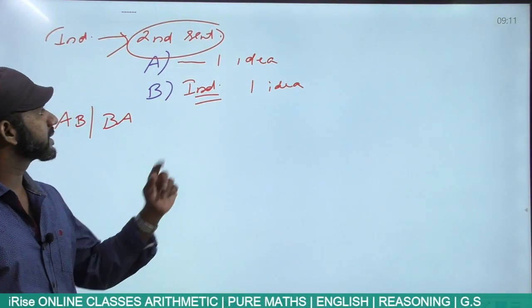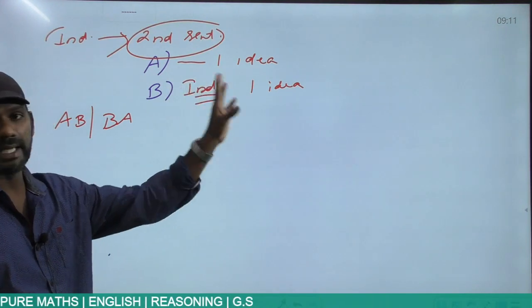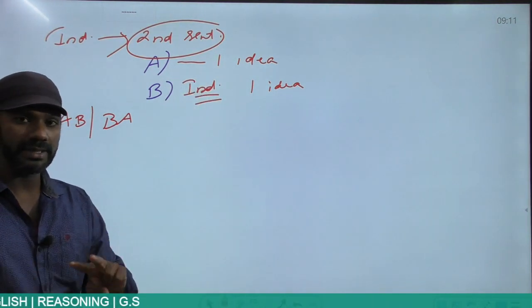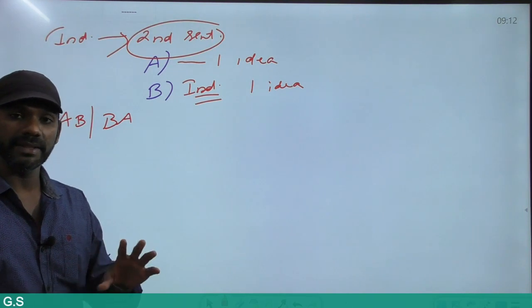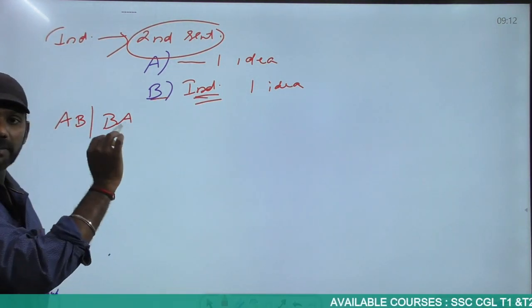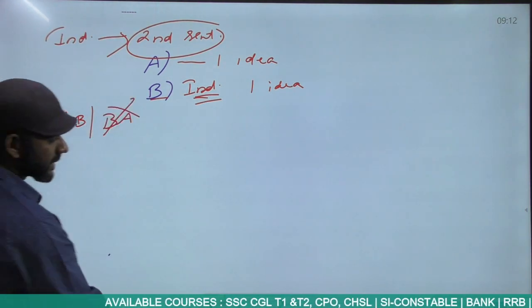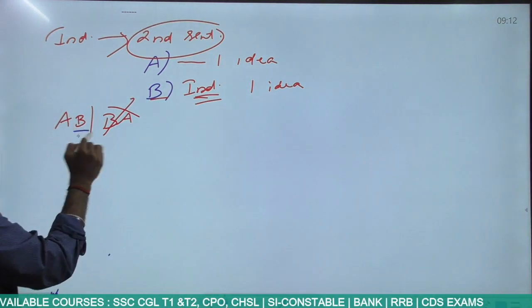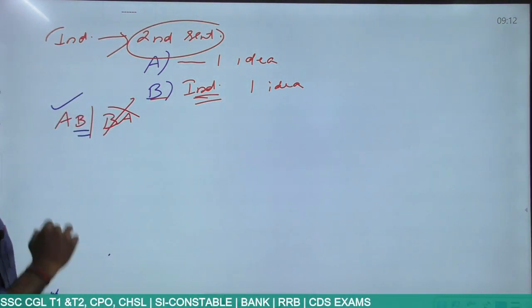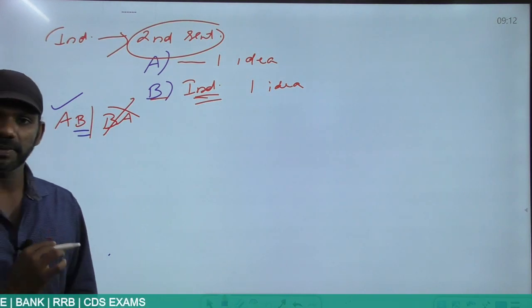We have two sentences here, A and B. The indicator in B is connecting the ideas in A and B. The indicator is there in B, so B must be the second sentence here. Based on that, BA is eliminated. The answer must be AB, right? So the answer here must be AB.